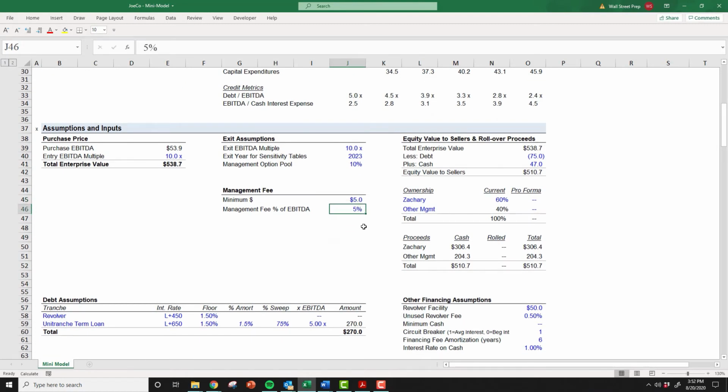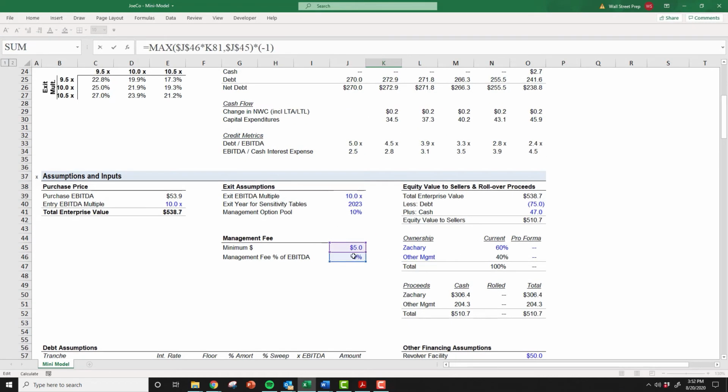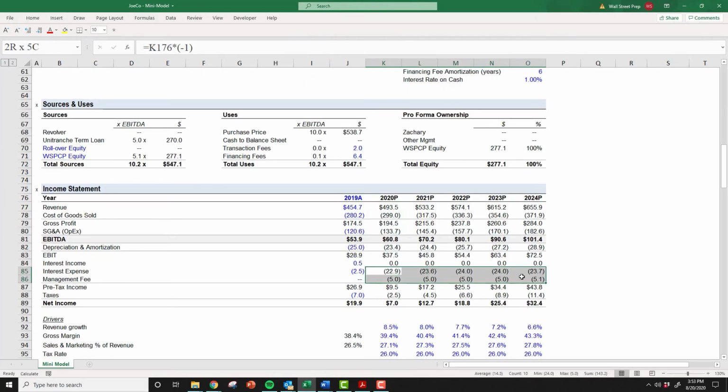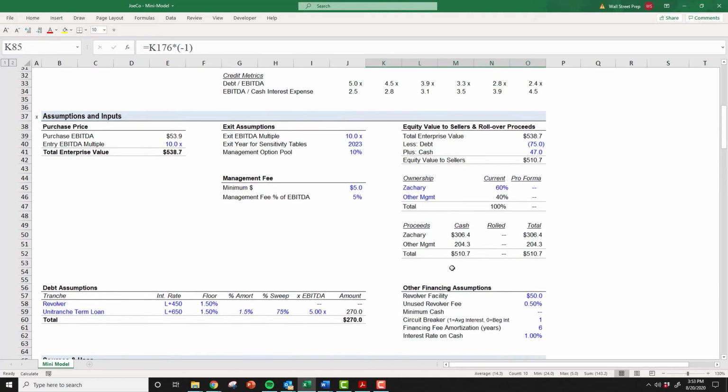Okay, so now that we've identified it, the management fee is going to be basically the greater of the $5 million or 5% of EBITDA. This gives management some sort of monetary extraction before the exit event. And so that's how this is structured. And you'll see that this comes out of the income statement that we're about to get to in a second.